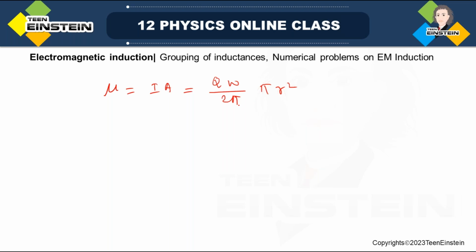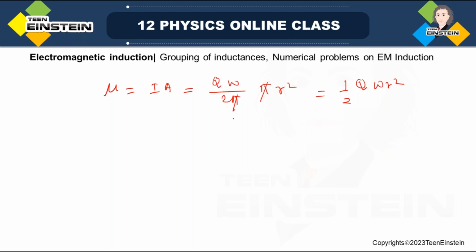Now pi goes off, and we get q omega r square by 2.